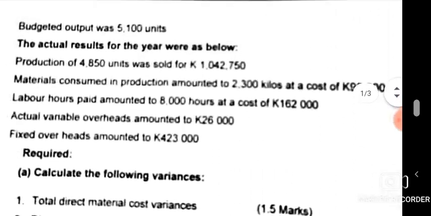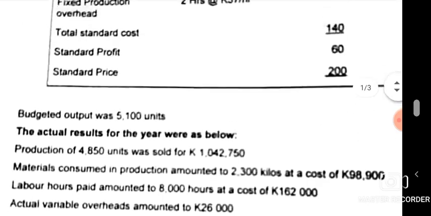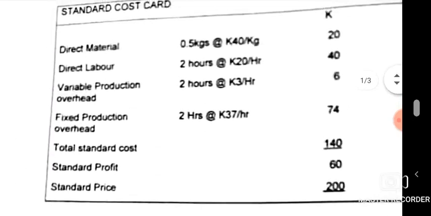So as usual, let's just check the details in advance. If you look at labor, there are some details on actual results. Just take note of these so that when you go to the next screen, you're remembering the figures. There are 8,000 hours in actual results. At the cost of that, we'll need this information. You can look at the cost card. Remember, when you're doing variances, the cost card is very important.